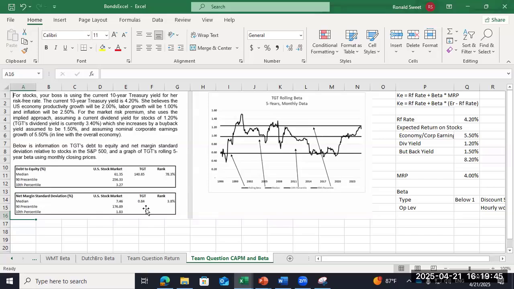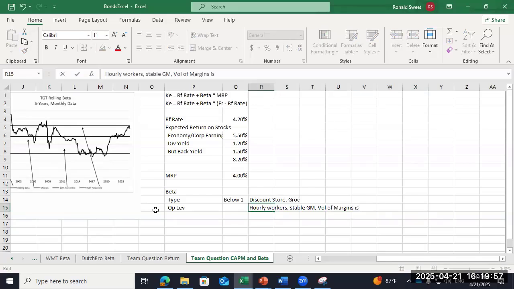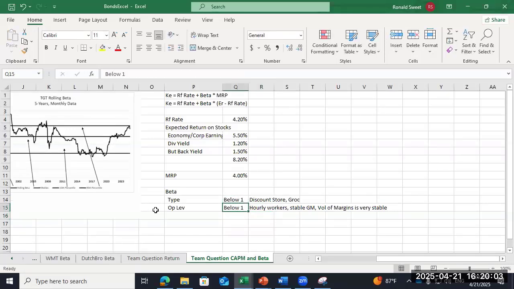Their net margin standard deviation was 0.84%. How does that compare? It's one of the most stable out there. So that is very stable. So that implies below 1, even more below 1.